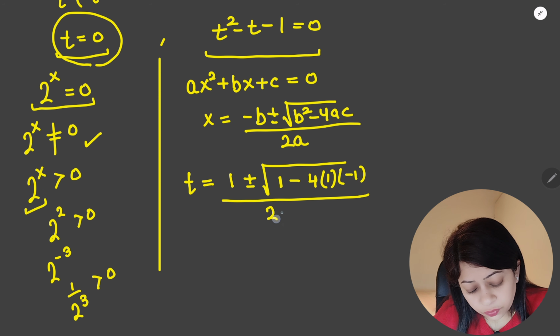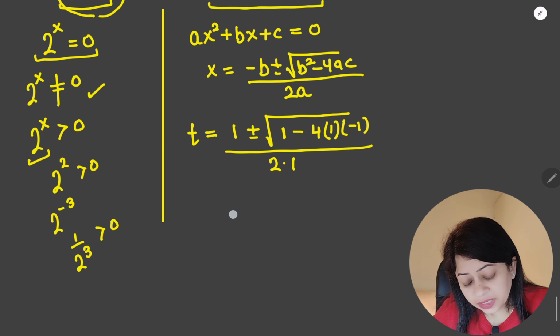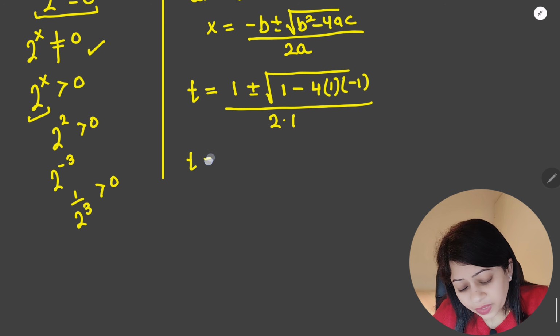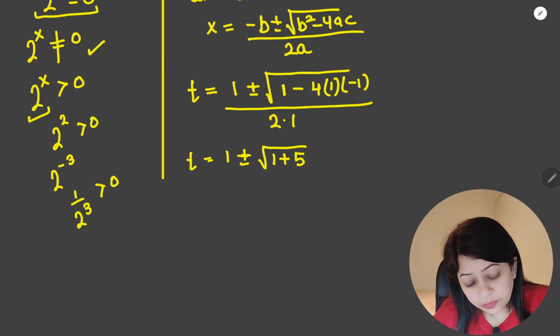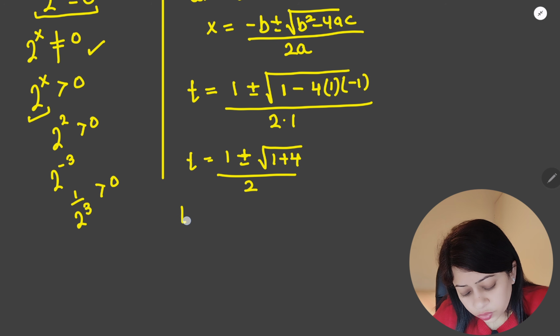By 2 times 1, 2a. So we get t is equal to 1 plus minus under root of 1 plus 4. 1 plus 4, so this will become 5. So t is equal to 1 plus minus under root 5 by 2.